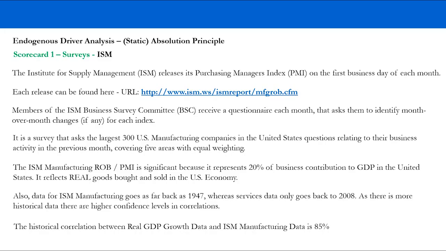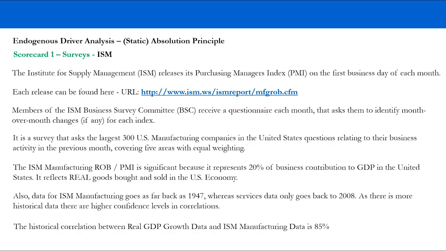And basically the members are the largest 300 US manufacturing companies in the United States. And these questions relate to their business activity in the previous month. And they cover 5 areas with an equal weighting, and those 5 sub-indices make up the composite index. And it's really significant because it represents 20% of the US economy.